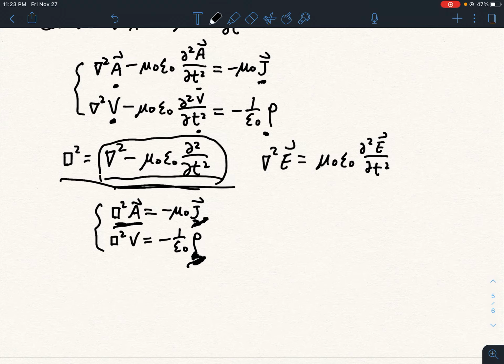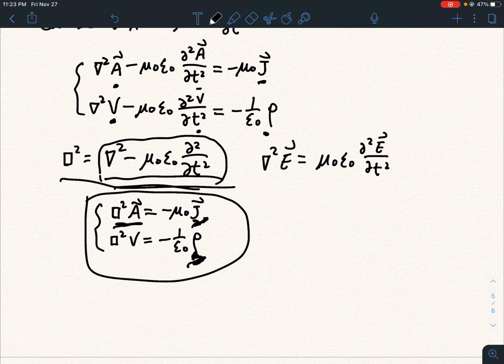Okay, so now you can see that these two equations are really a very beautiful way to write down Maxwell's equations. In some sense, Maxwell's equations now become like this. You can really see from here that there are a lot of symmetries between the electric field and the magnetic field.